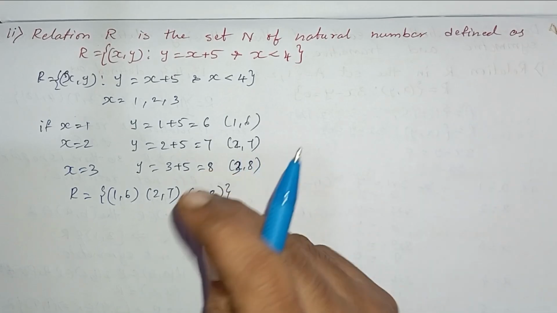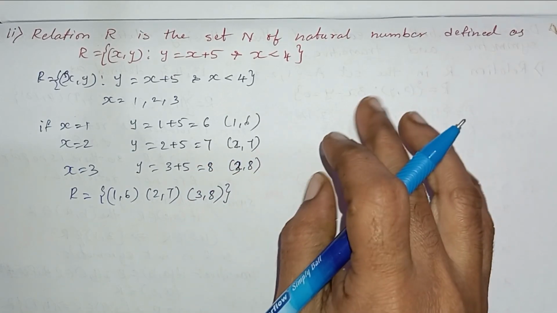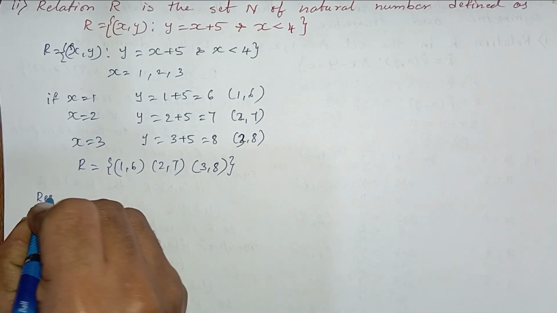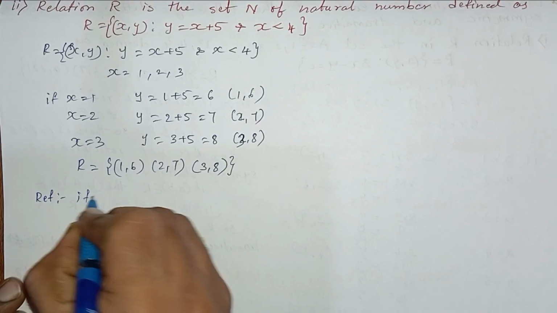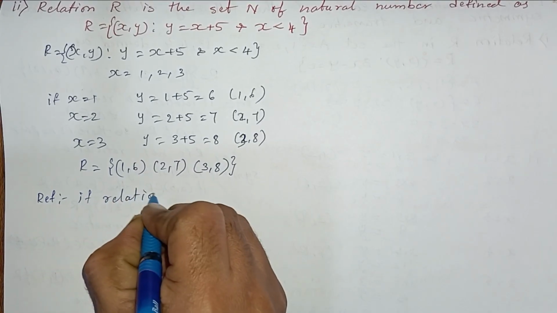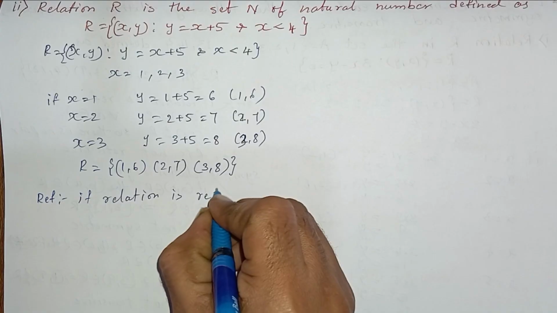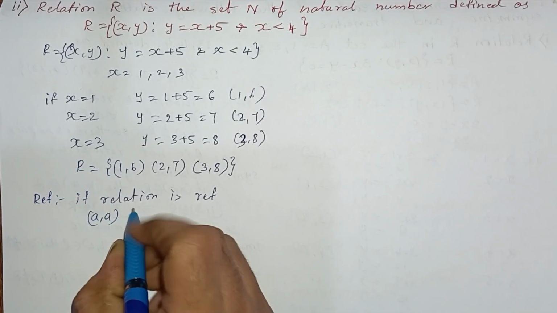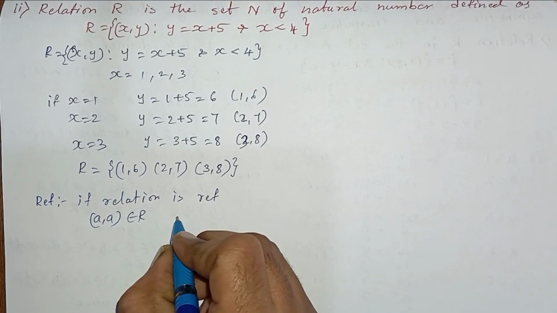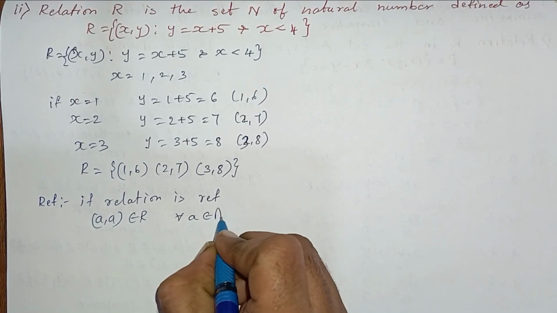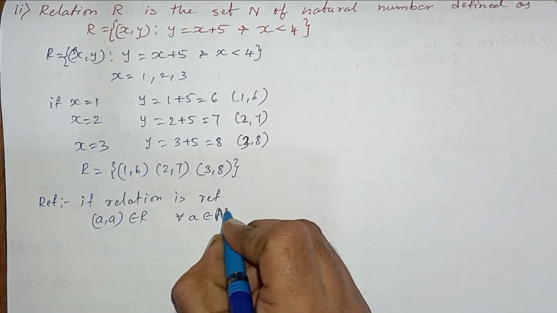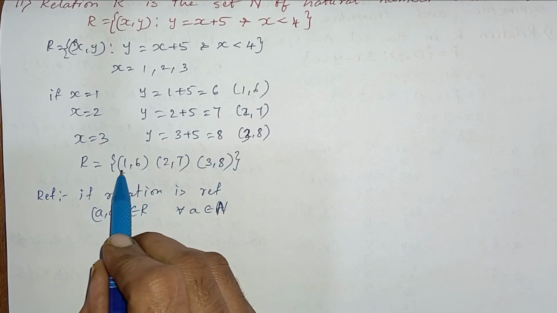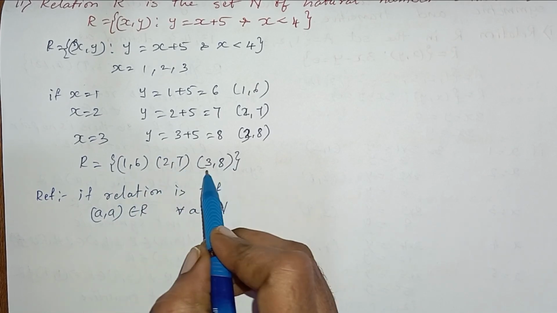So we have to find whether it is reflexive, symmetric or transitive. First we'll see the reflexive condition. A relation is said to be reflexive if (a, a) belongs to R for every a belonging to set N. So we should have (1, 1), (2, 2) and (3, 3).